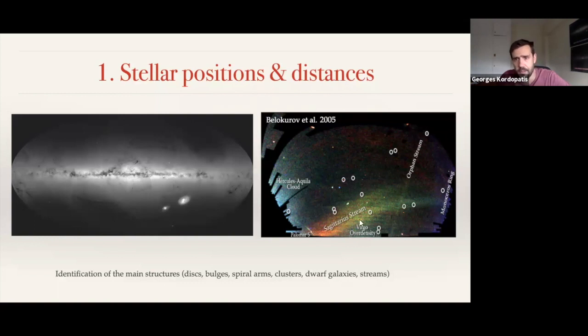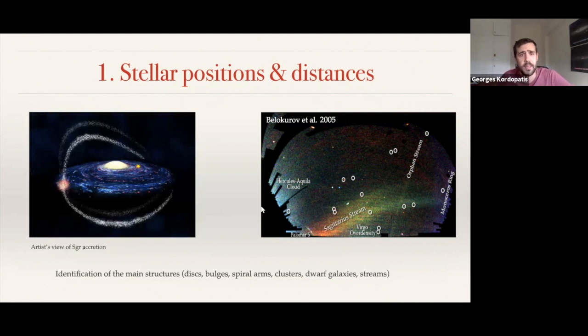And you can see that the most prominent feature here is the so-called Sagittarius stream discovered in 1999 by Rodrigo Ibata and collaborators, which is basically the accretion of the Sagittarius dwarf that's happening as we speak. And this is an artistic view of the accretion of the Sagittarius dwarf, which is happening from the other side of the galaxy. The Sun is here. And what you can see here, the fork actually, are the leading and trailing tails of the Sagittarius dwarf.